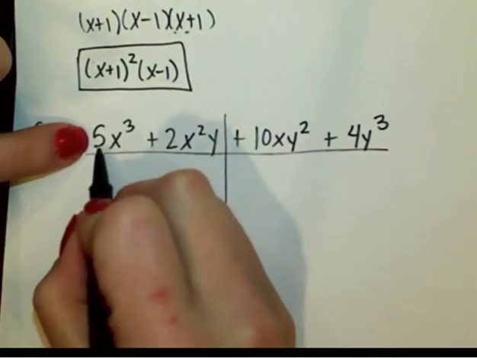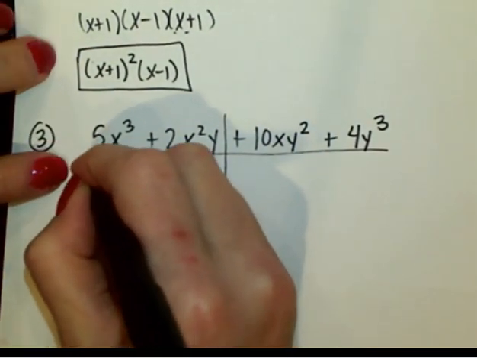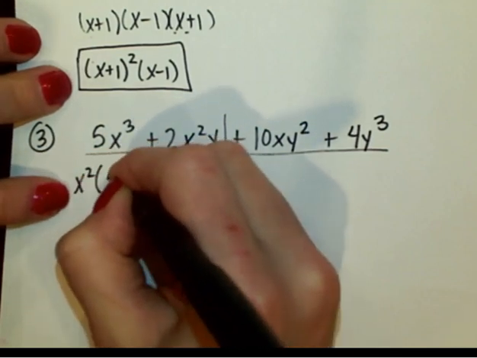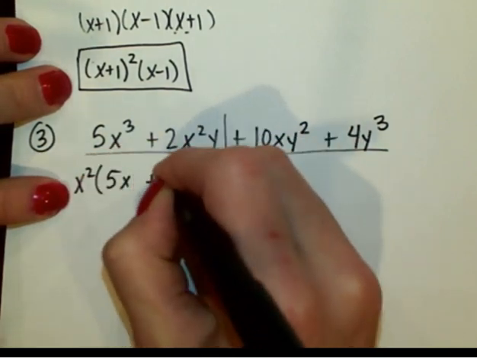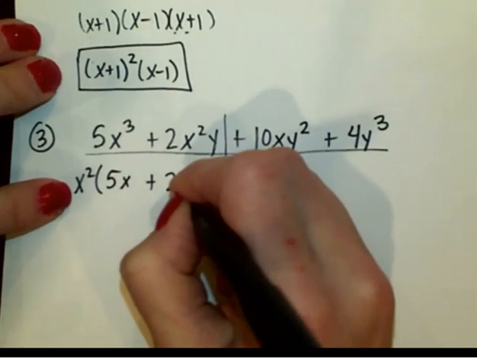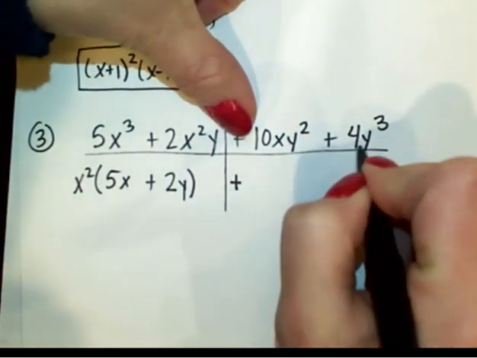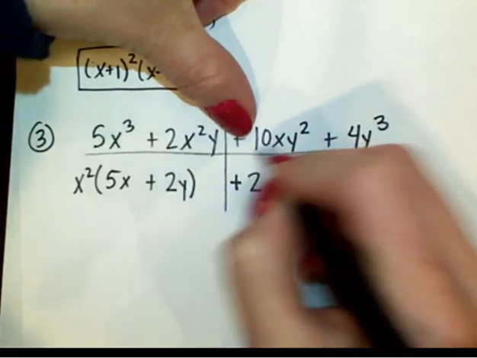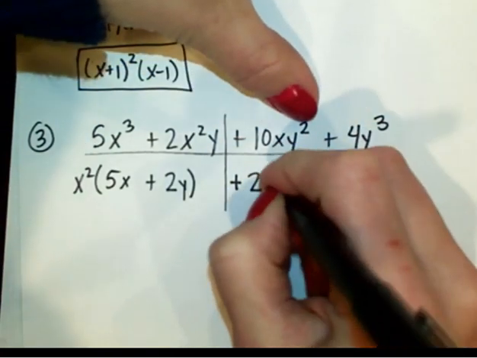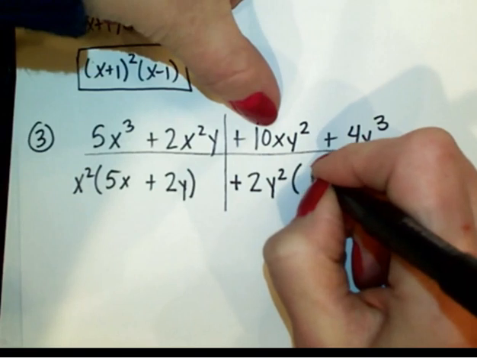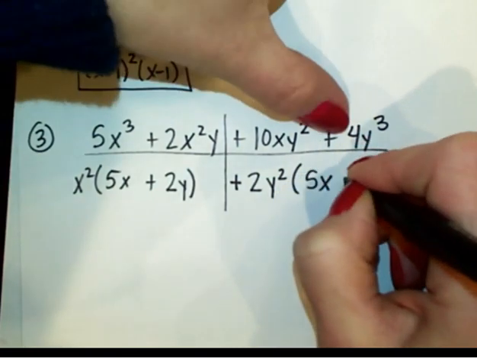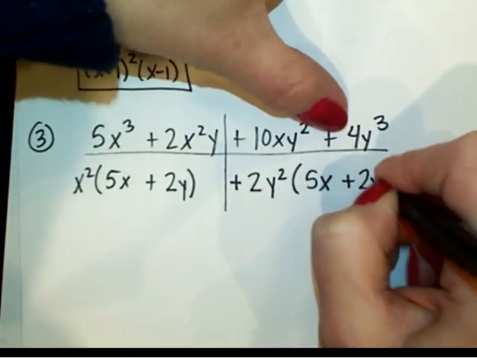Okay, so I notice that there's a common x squared, which leaves me with 5x plus 2y. Here there's only a common 2, but there's also a common y squared, which leaves me with 5x plus 2y.